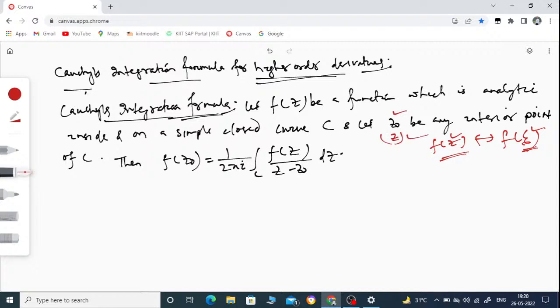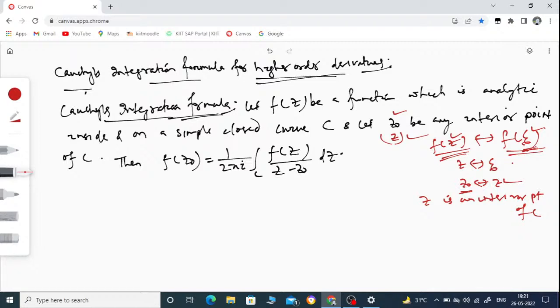I am replacing z by j and replacing z naught by z, which means z is an interior point of C. If I replace f of z by f of j and z naught by z, then what will I write?